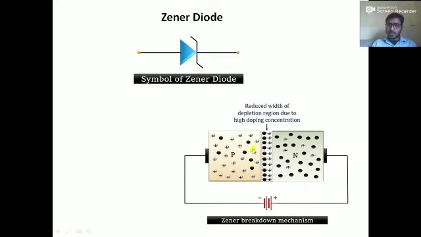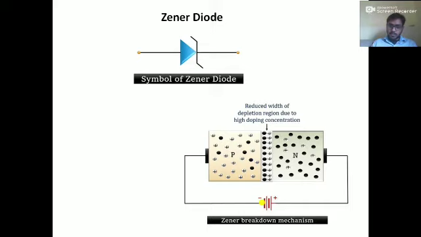So they cannot produce heat, the electrons flow, and therefore current flows. That is why this special type of junction diode is designed for controlling the voltage, because at a certain level, if you increase the input voltage, the output voltage remains constant, or regulated. That is why the Zener diode works.